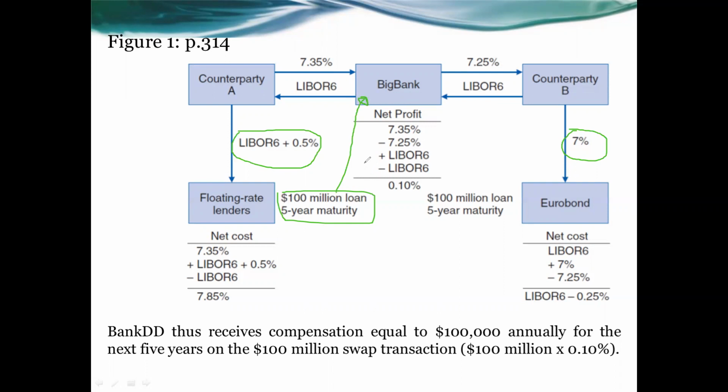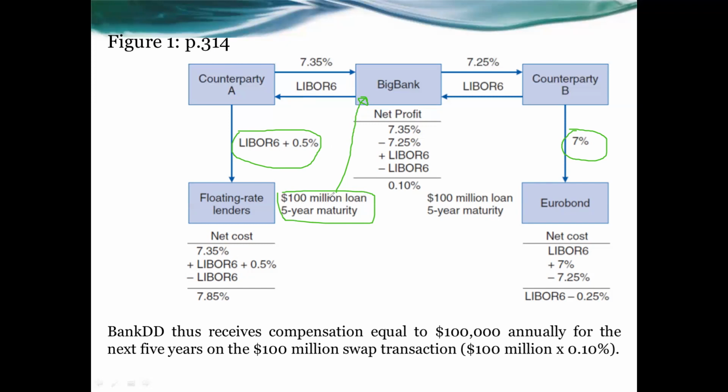Trader A's agreement is: you need to pay me LIBOR rate for my investment, and I will pay 7.35% interest for my 100 million. Actually, sorry, this amount is not going to be deposited to the bank.